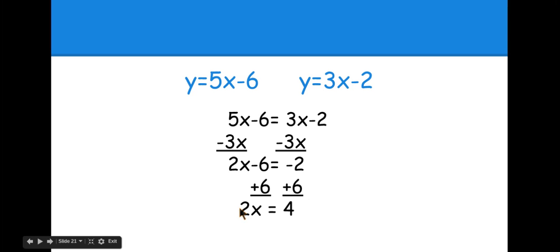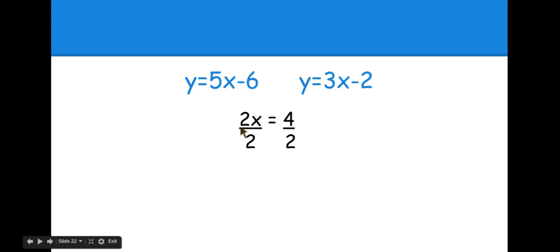So right now we have 2x equals 4. But since we don't want to know the value of 2x, we just want to know the value of 1x, we need to get that x alone. So we're going to divide both sides by 2. And then those 2's will cancel each other out. And we've got 4 divided by 2 is 2. So our x value is equal to 2.